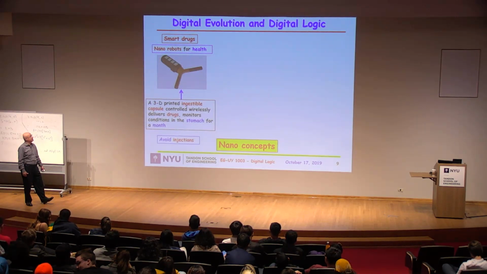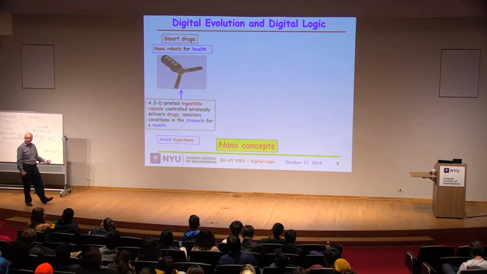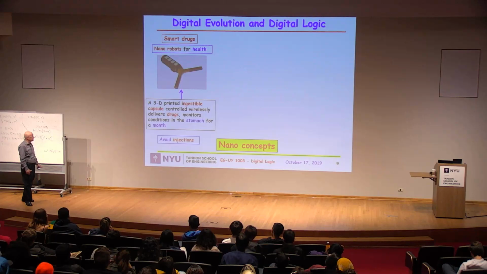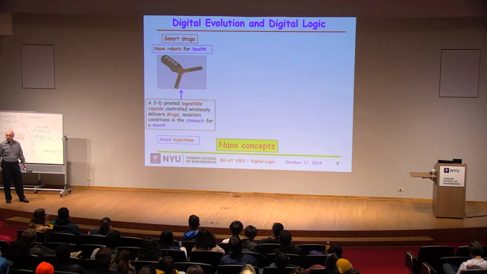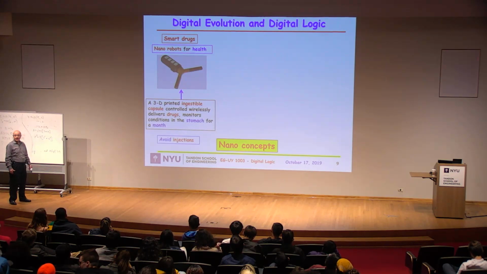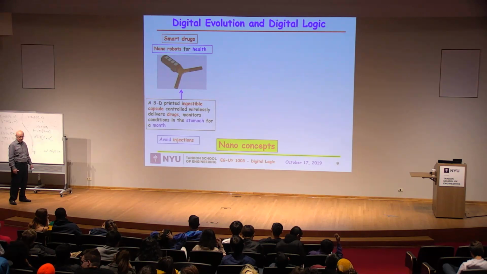What else? Smart drugs, for example, swallowing this nanorobot so that it releases the drug according to the doctor's prescription, monitors the situation, and then sends the results to your doctor so that, everybody, you don't have side effects and you are cured quickly. All right?